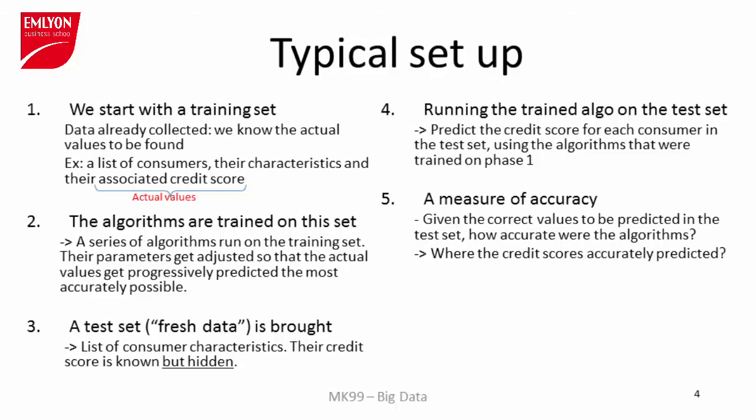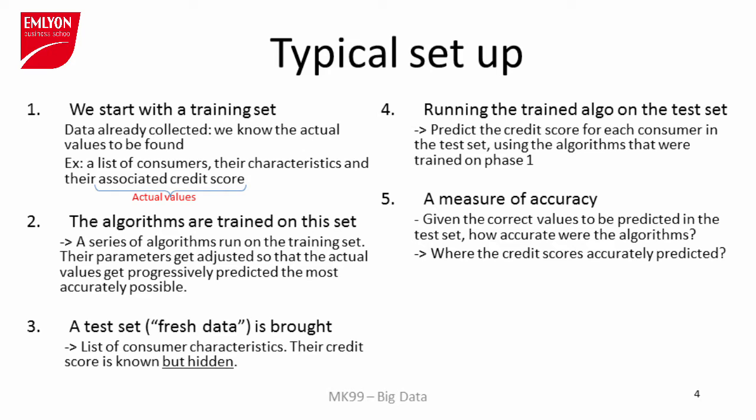Once your algorithms are perfectly tuned to the training set, you bring the real problem that you have, that is the new customers. You know exactly their demographics and characteristics, but you would like to predict their credit score.